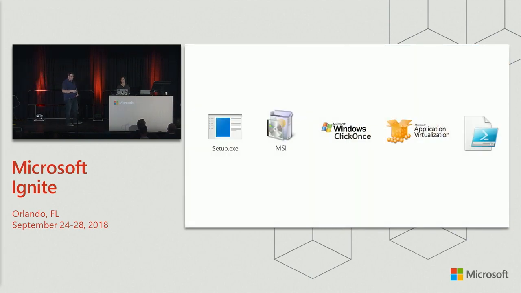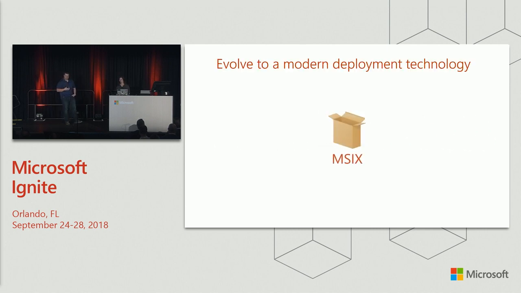So, I'm sure everyone's using one, if not many of these technologies. We spend a lot of time with enterprise customers asking, hey, what are the installers that you use? What do you really like about these installers? What do you not like about these installers? And how can we evolve these installers to be a better technology moving forward? When we think about it, MSIX is kind of like a superset of all these technologies, but not truly a superset because we're trying not to bring forward the things that were bad in each one of those technologies.